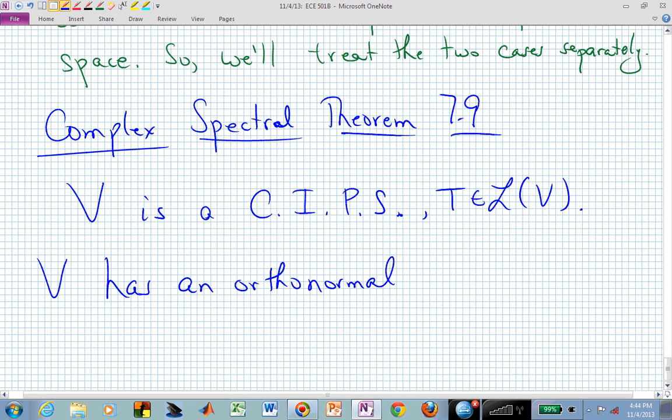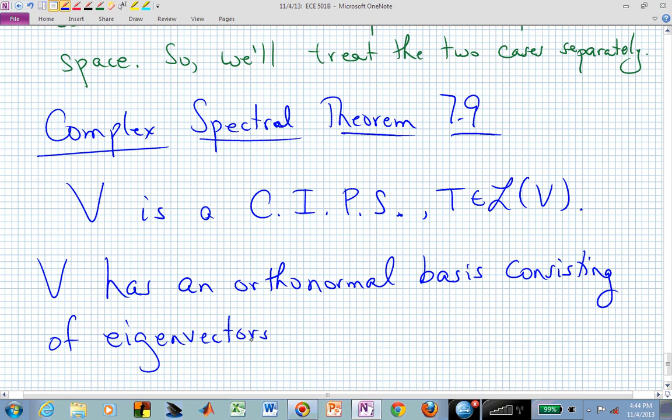This complex inner product space V has an orthonormal basis consisting of eigenvectors of the linear operator T if and only if T is normal.